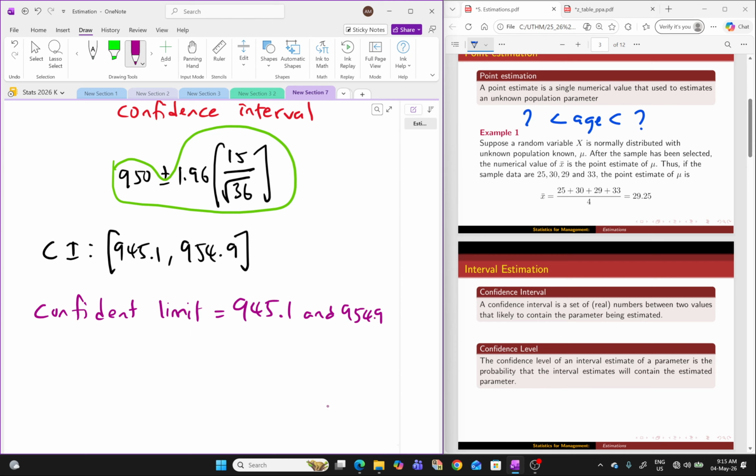Kalau you ambil nombor yang itu saja adalah confidence limit. Kalau you tulis macam ni dinamakan confidence interval. This one we call it as lower limit. This one is upper limit. L, this is L. Lower limit and upper limit.